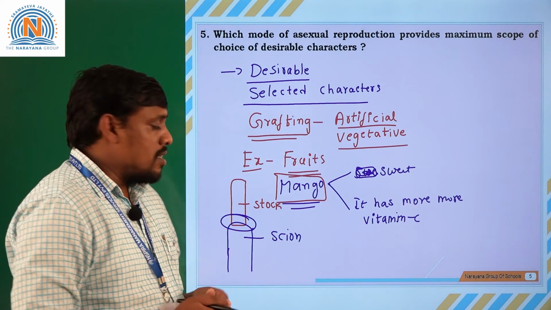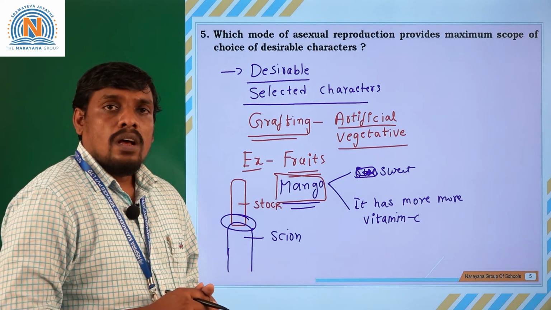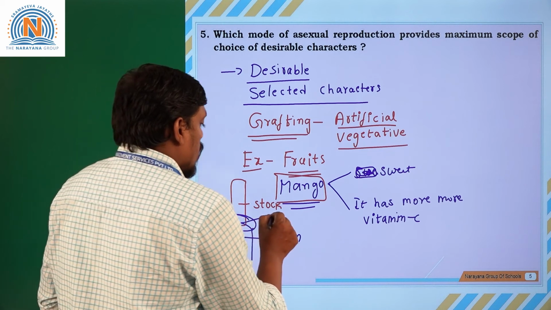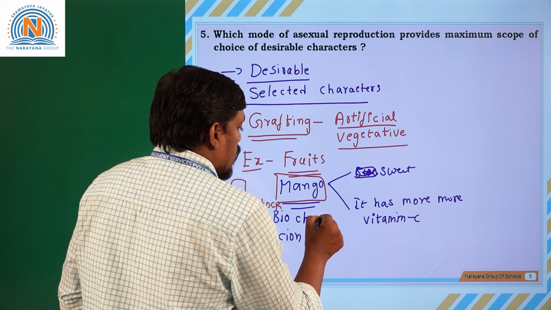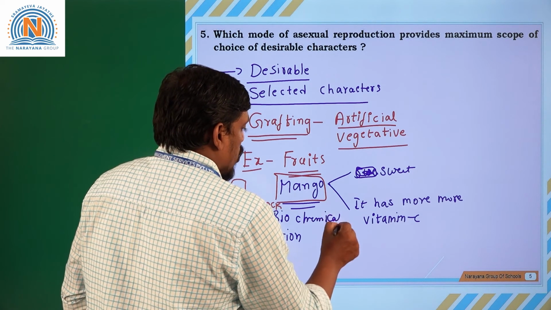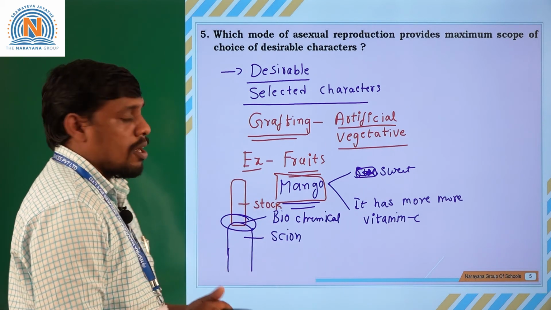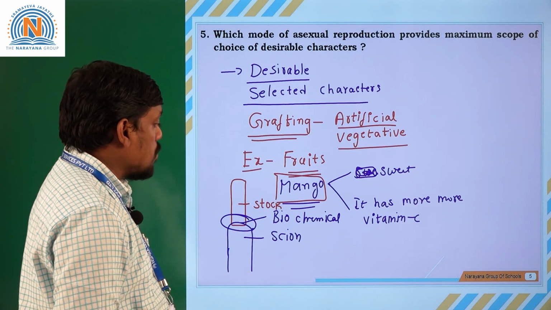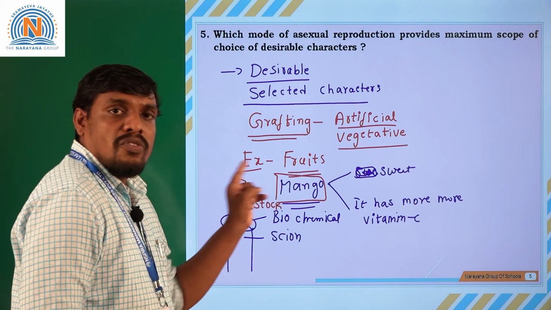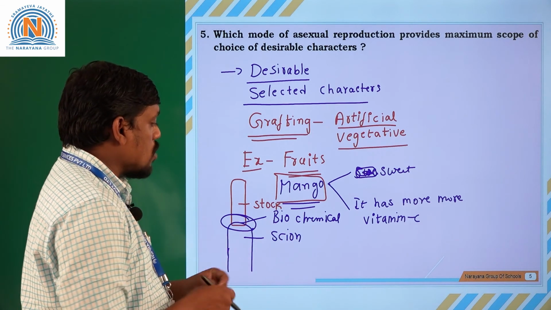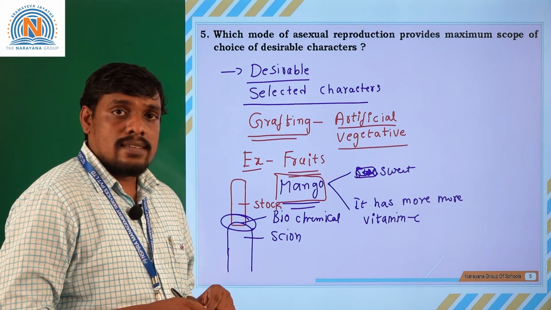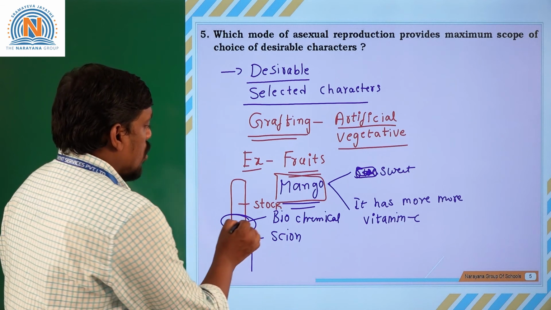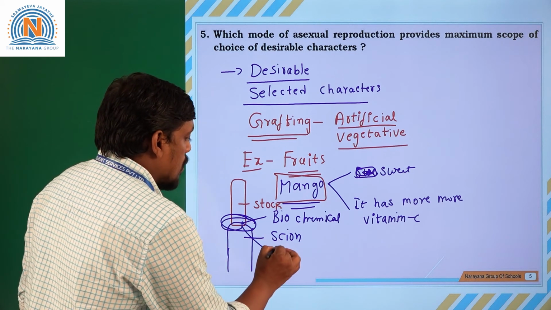We have to fix the stalk to the scion by applying some biogums or biochemicals. There are some biochemicals which help to fix the stalk to the scion. After applying these gums, with the help of twine thread, wrap around the stalk and scion tightly without allowing the gases in. And between stalk and scion, you can place a polythene bag.